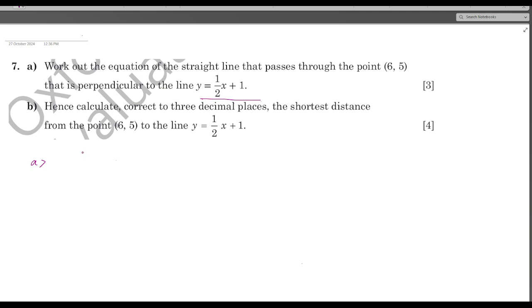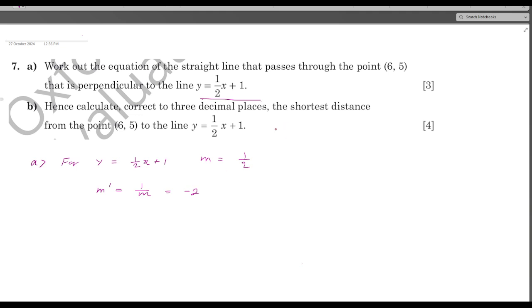So here, for y = 1/2 x + 1, your gradient is 1/2. For the perpendicular line, your gradient m' is going to be -1 upon m, which is -2.